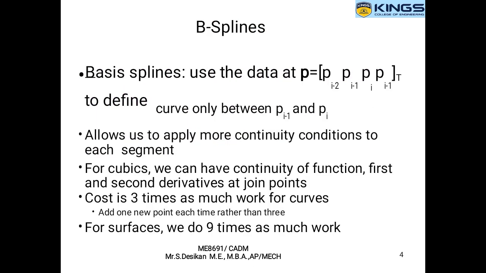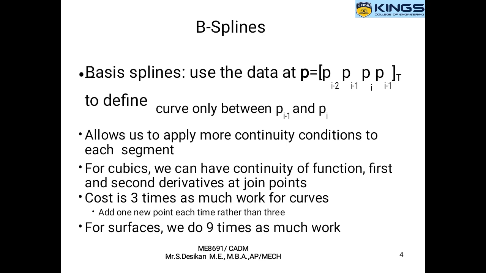So what is B-splines? It is explained below. Basically, B-splines are data, vector oriented data that is used to define a curve. B-spline is nothing but data used to define a curve between 2 points.